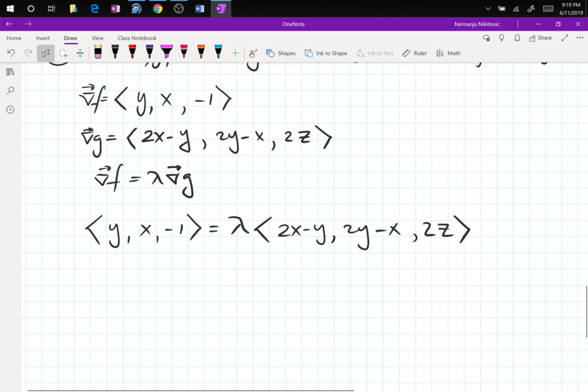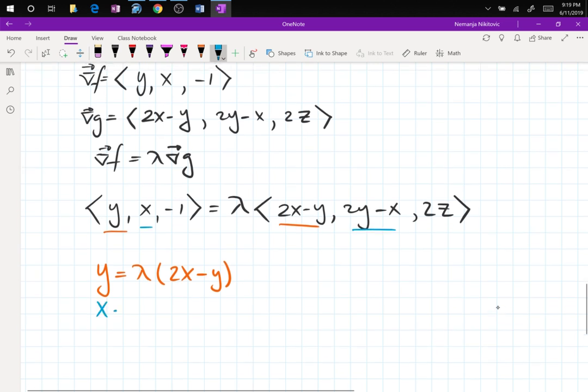Look what's happening here. I have my orange equation, which is the first: y equals lambda times 2x minus y. Then I have the blue one, which is the middle: x equals lambda times 2y minus x.